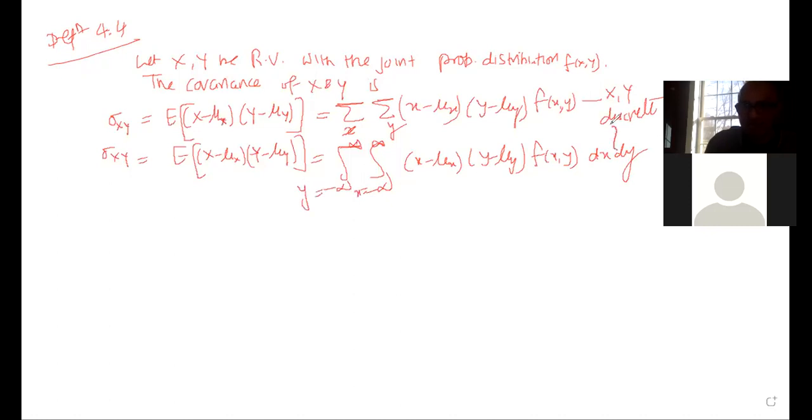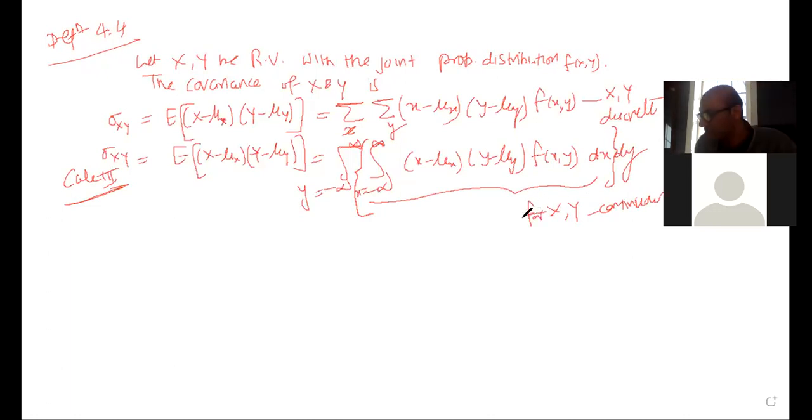Whenever we have this type of case, this is your calc 3, functions of two variables. First we take care of the x part, and once we are done with this one, we can go for the outer side. Okay guys, so this is for x and y continuous.